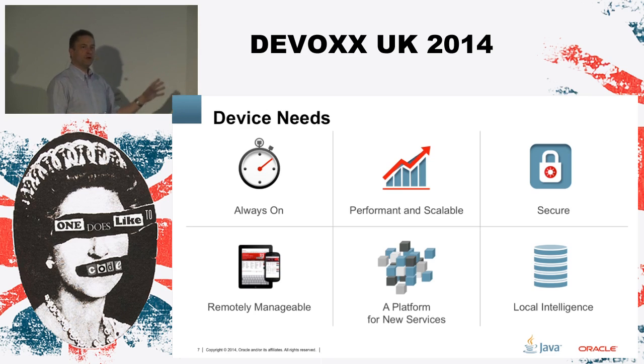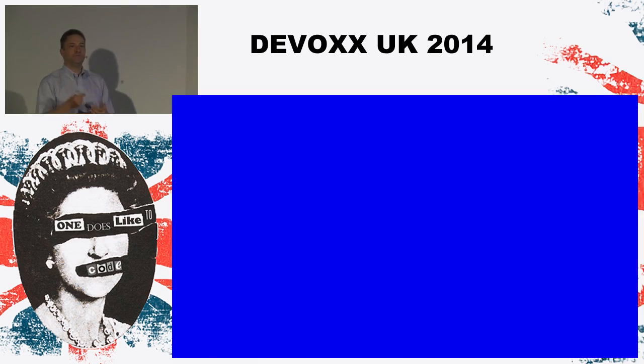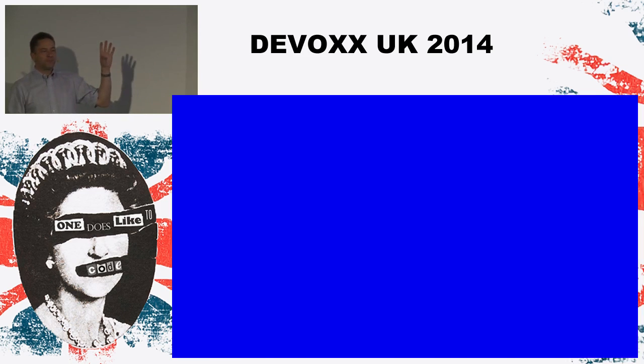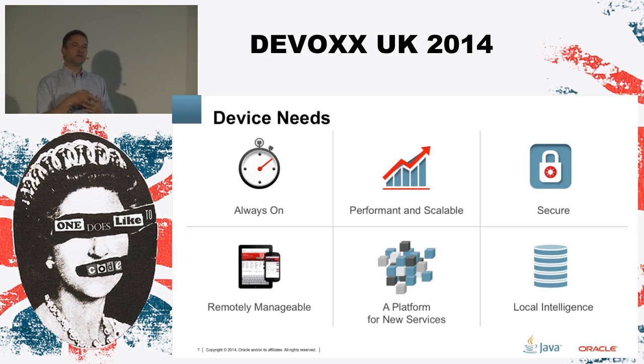Rather than having somebody go around and deploy those by plugging something in and downloading new code, you want to be able to do it remotely. And then related to that as well is this idea of local intelligence, moving some of the processing away from the server down into the device itself so that it's able to make decisions.